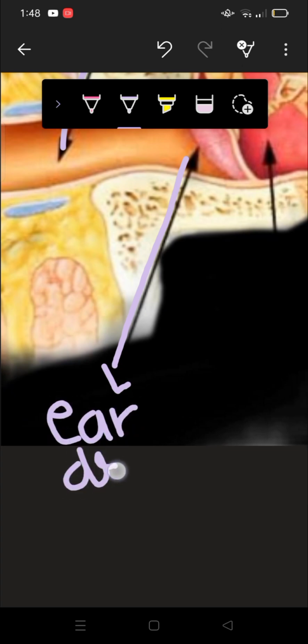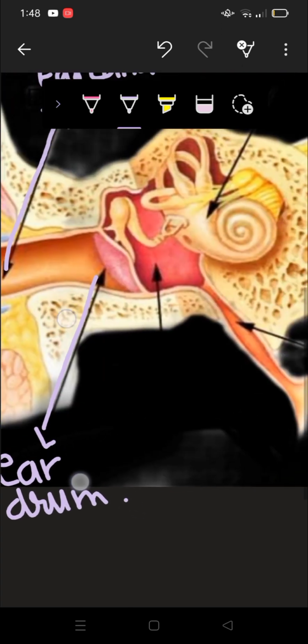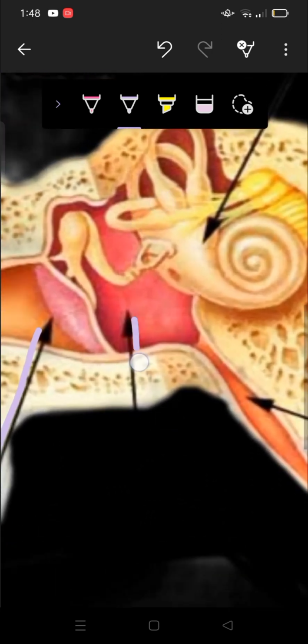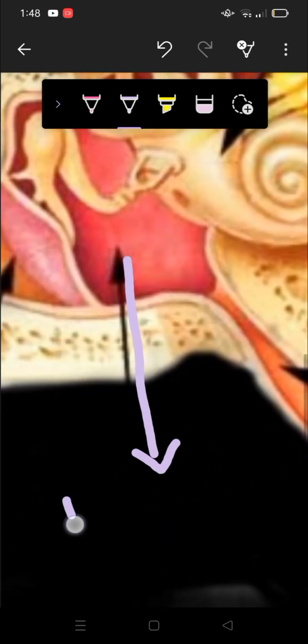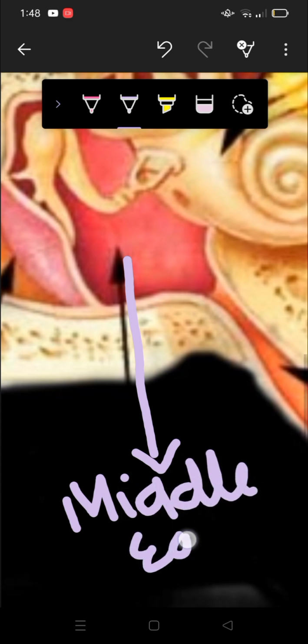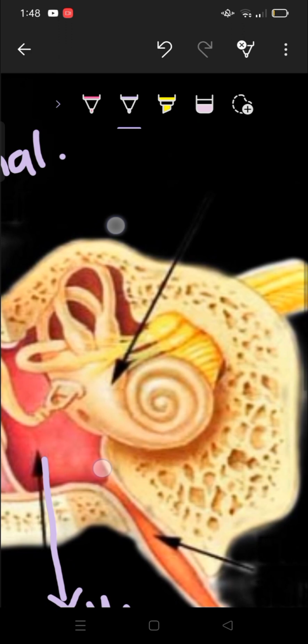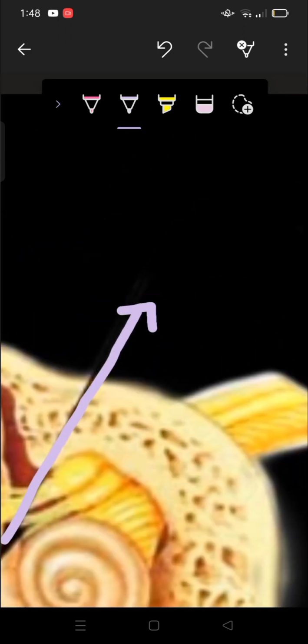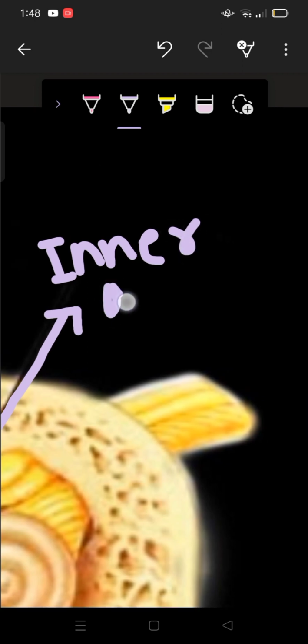Here this is the middle ear, and here we have the inner ear.